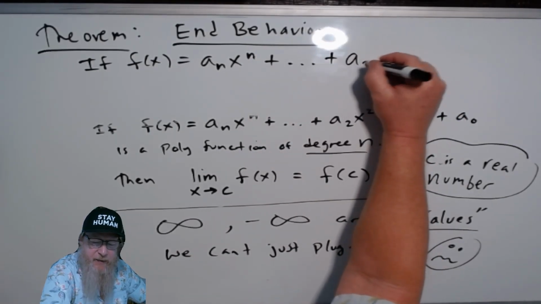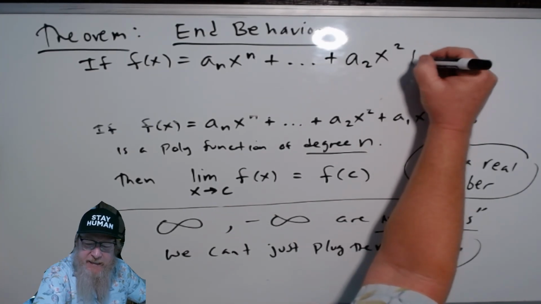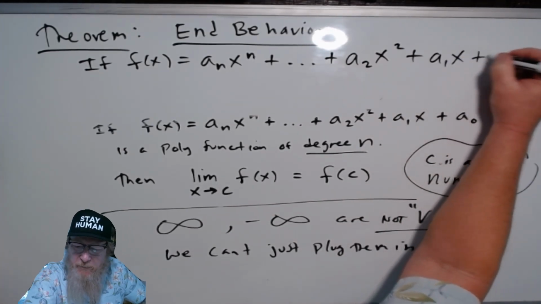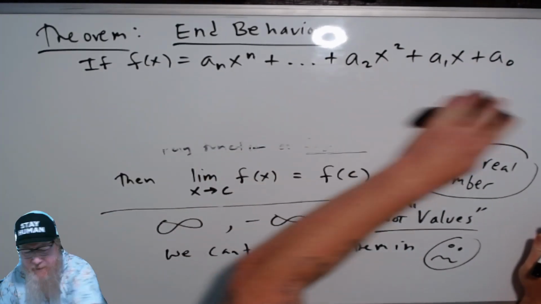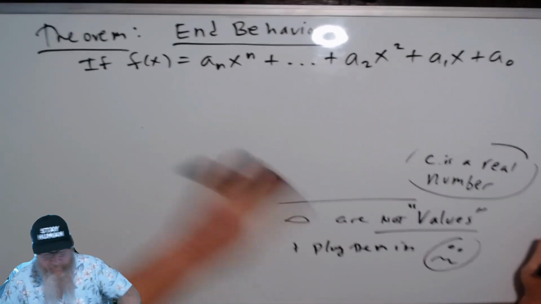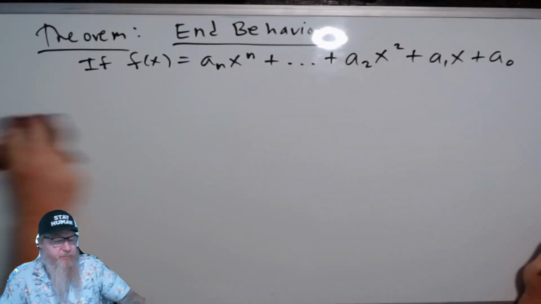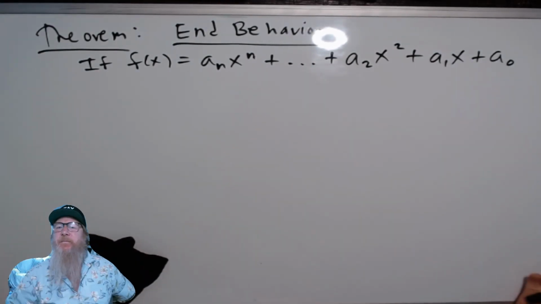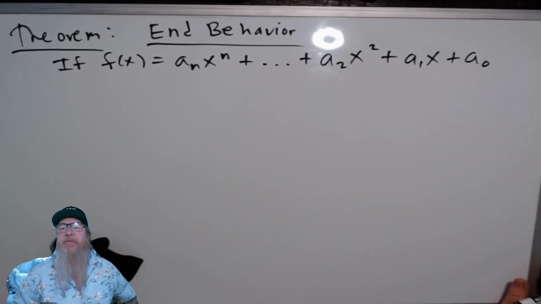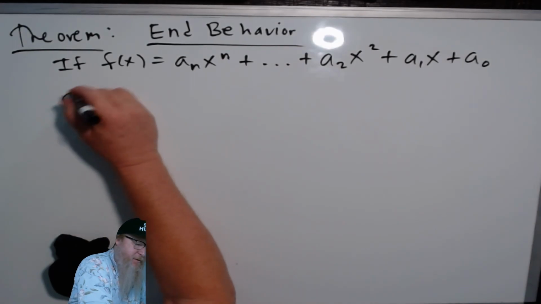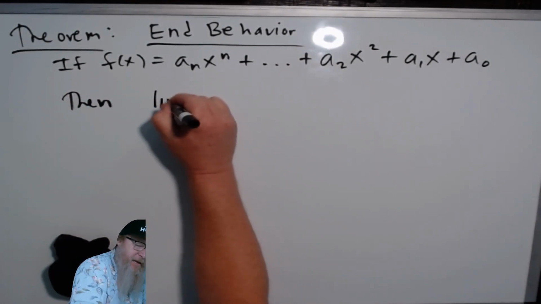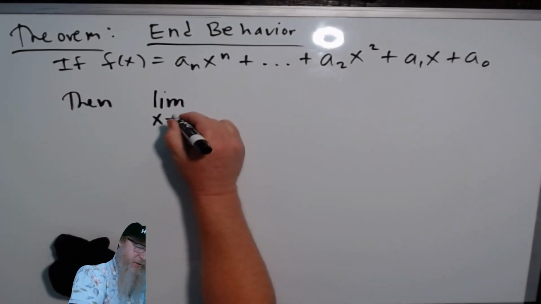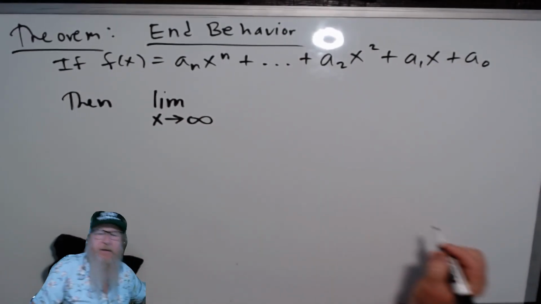I'm writing this in what's called descending powers order, or simply descending order. So the end behavior is what these two limits look like.